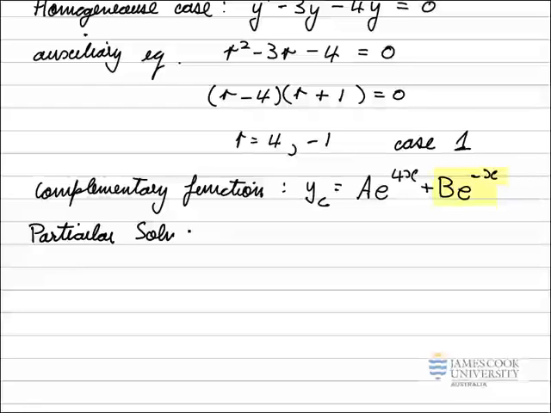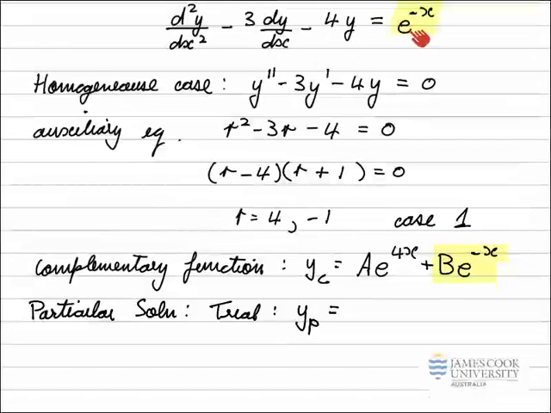which takes into account the right hand side, I trial a function yp which is equal to x times e to the negative x. Because I have e to the negative x, which is part of the complementary function, I can't just solve for an equation a e to the negative x as the trial function, so I go for multiplying it by x, and have ax e to the negative x.